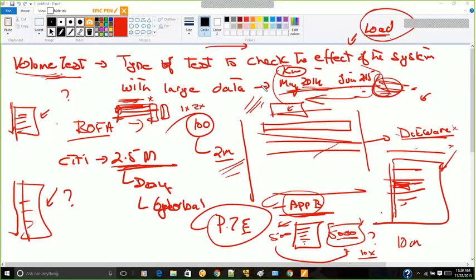Then the full chunk of data comes into the application layer, which truncates it to only what is required for you and sends it to you. So that processing time is what we are looking for if there is a large amount of data. You are getting me?